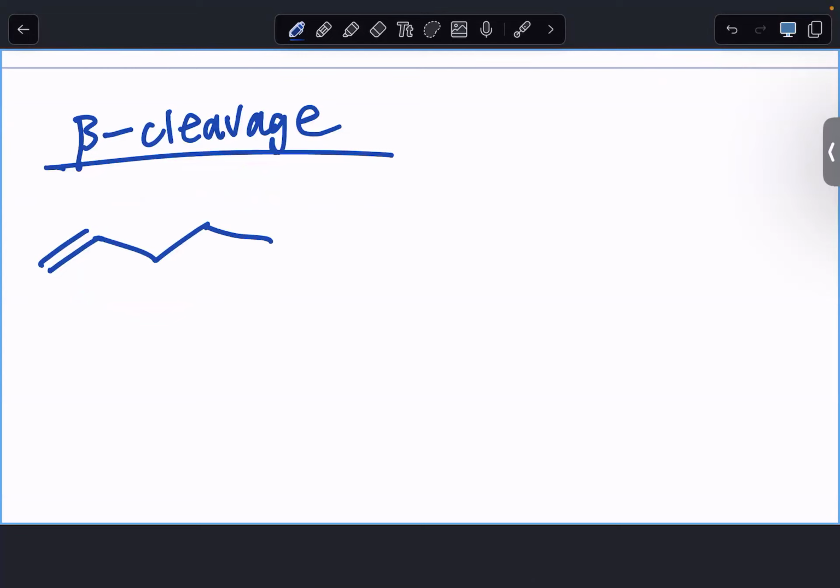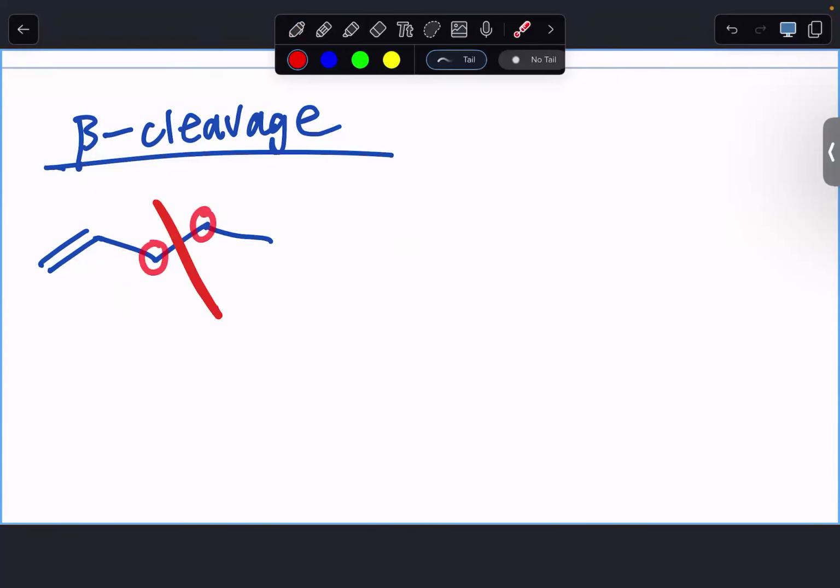When we put this through ionization, we are going to form two fragments, one carbocation and one radical. Which position here do you think is going to give us the most stable carbocation? This cation or the other cation?